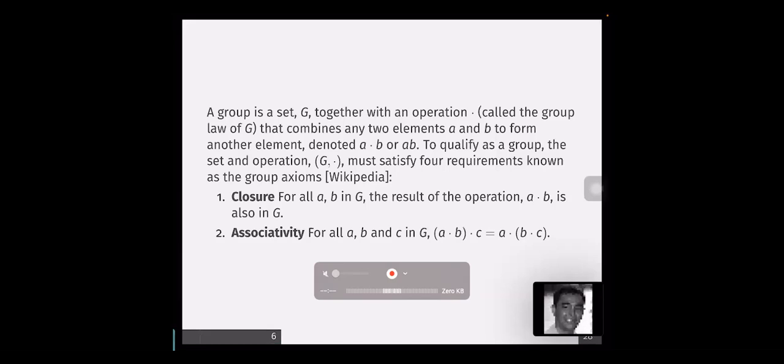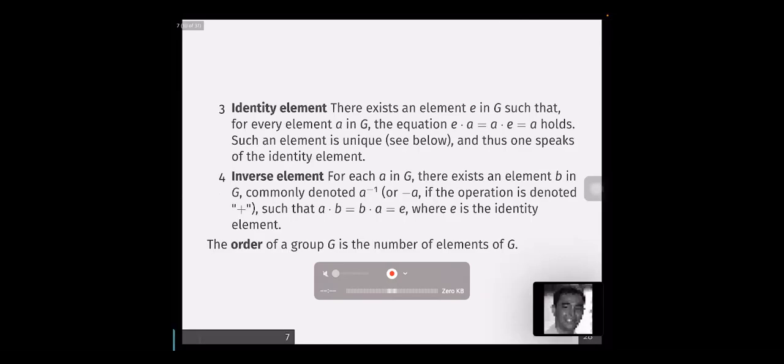So for example, if you have three different elements and you do the operation on the first element and the second element, and the result of that you apply to the third element, it must be the same as when you first do the second and third, and then after that you multiply with the first. Okay, so that's called associativity. Okay, so we know this from basic math, no?